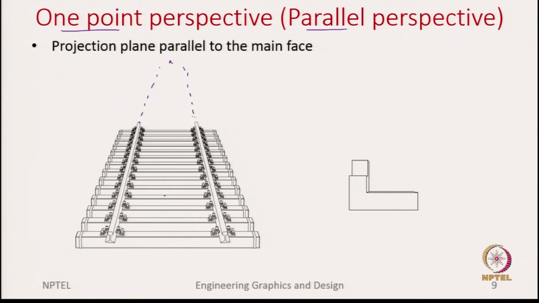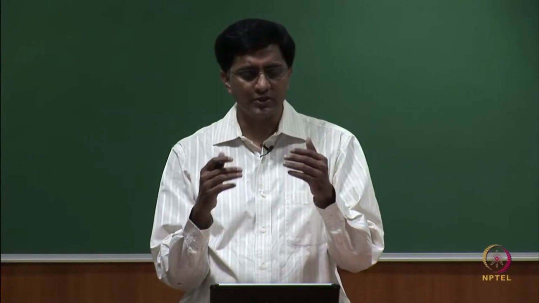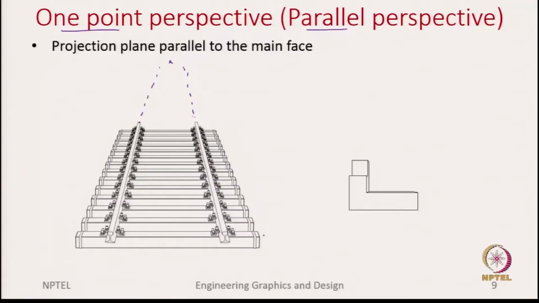Again the point being that objects which are closer to the observer, like this part, look big because this distance looks big. Similarly, the same thing which is further looks relatively small, though in reality both are of the same size. So, this happens when we are looking right in front of the object.